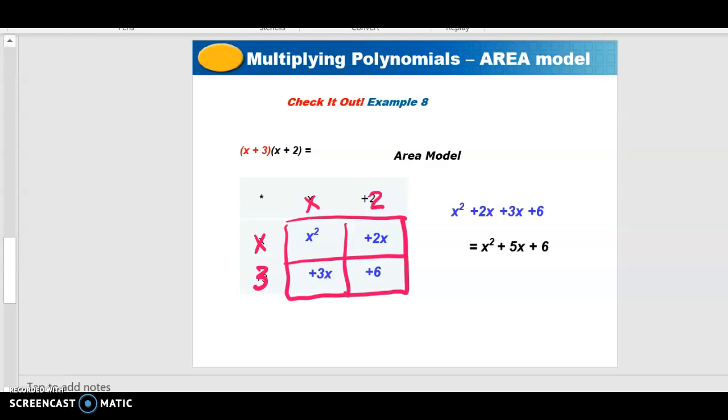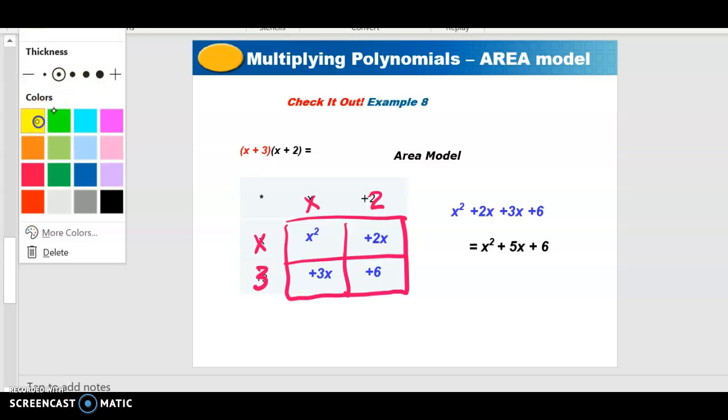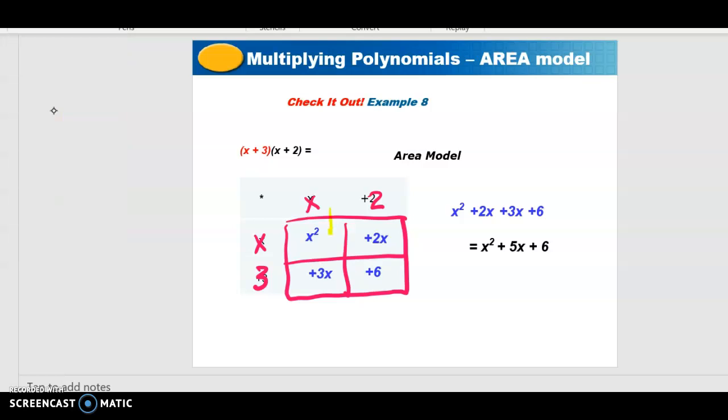You can follow them. This is going to be an x times an x to give us x squared. Let me erase that, and I want you to just follow the pattern. This is again to get you used to using this model. This box right here is going to be a 2 times an x to give us a 2x.